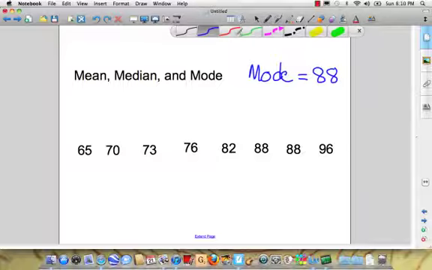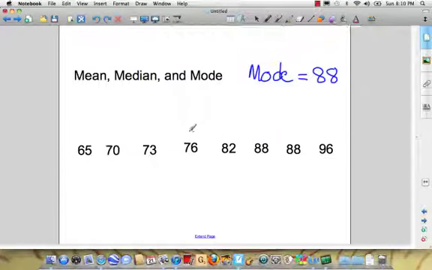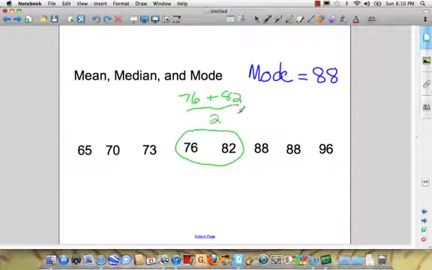Now, this particular data set has an even number of data points, which means you can't find one number in the middle. There's actually 2. See, there's 3 numbers below it, 3 numbers above it, right in the middle. In this case, you have to average these 2 numbers. You have to find what's right in between them, which you can do by adding them together and dividing by 2.